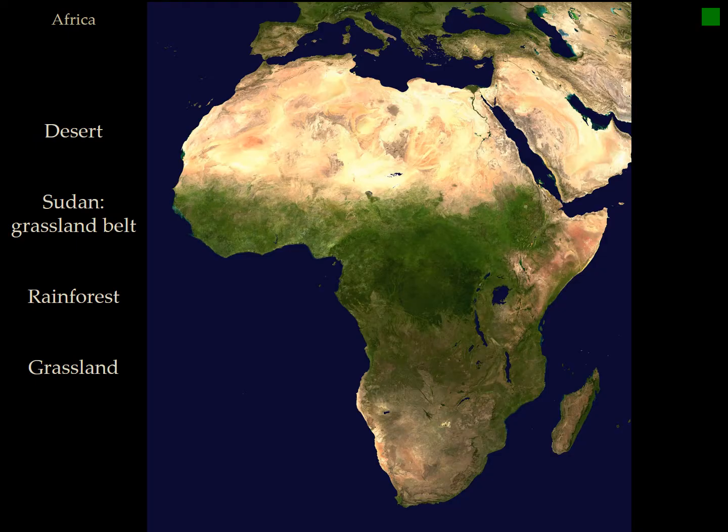If we are to show a satellite view of Africa, you can easily see the deserts in the north, the Sudan or the grass belt in the center with a rainforest at the heart of the continent, the Congo, and grasslands to the far south.